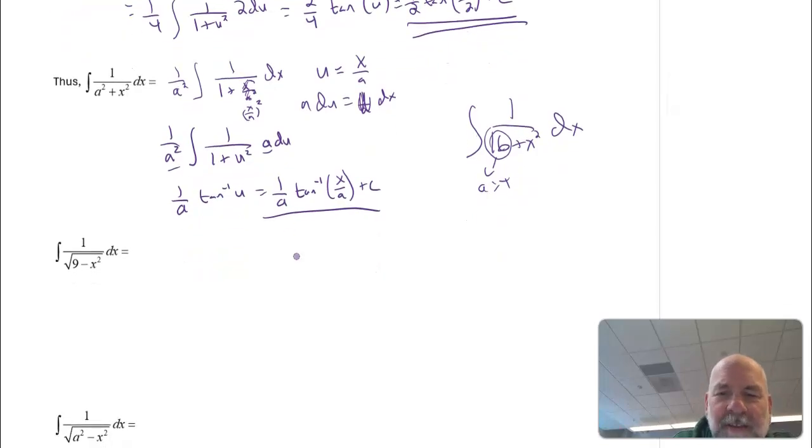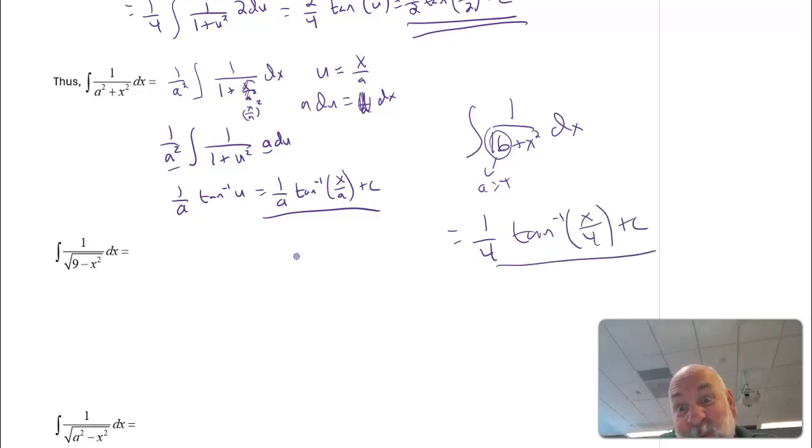And so it's 1/4, 1 over a, tangent inverse of x over 4 plus c. It's kind of easy to do if you memorize the formula, but for some of you, it would just be easier to substitute. You take your pick.